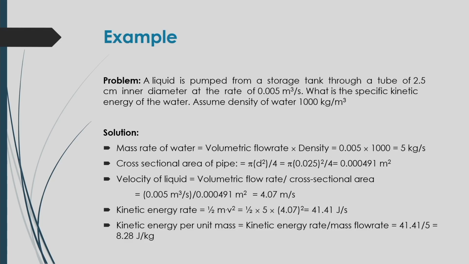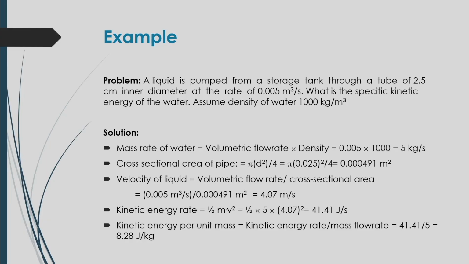Now this specific kinetic energy is basically the kinetic energy per unit mass. First of all you have to calculate the kinetic energy based on its velocity change. To calculate that, first you have to calculate the mass flow rate of the water. This is basically volumetric flow rate into density, so it will be coming as 5 kg per second, and then calculate the cross sectional area of the pipe.